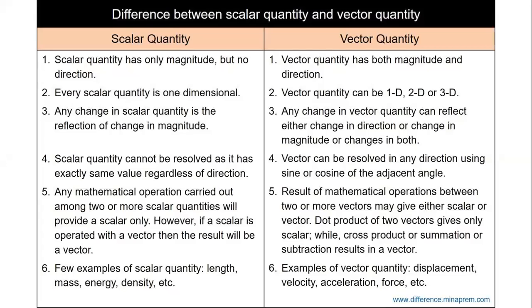Now, there are many differences between scalar quantities and vector quantities. We're now going to look at some of the basic differences. Your scalar quantity has only magnitude, as we mentioned before, but no direction, while your vector quantity has both magnitude and direction.